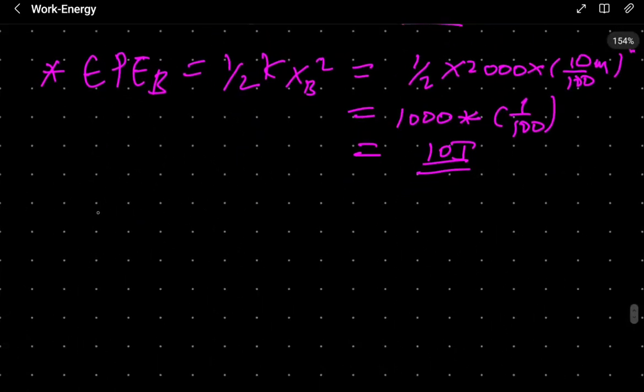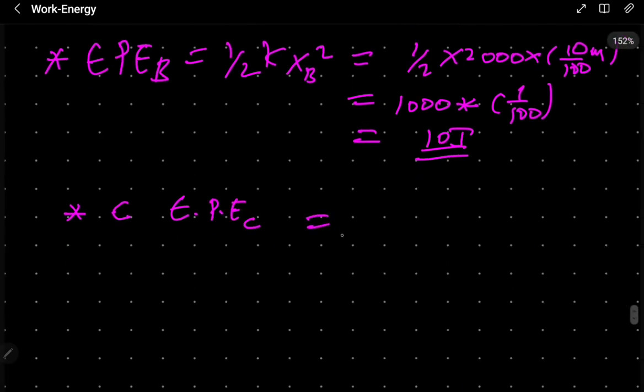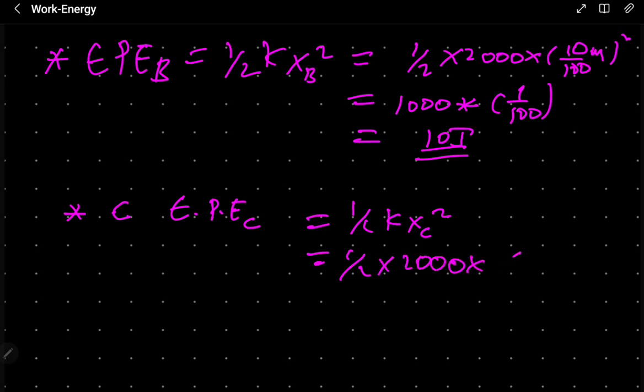Now in the case of position C, you are looking for the elastic potential energy at C. This is equal to half times the stiffness times the extension of C square. So this is equal to 1 over 2 times 2000 times 40 centimeter, which is 40 over 100.